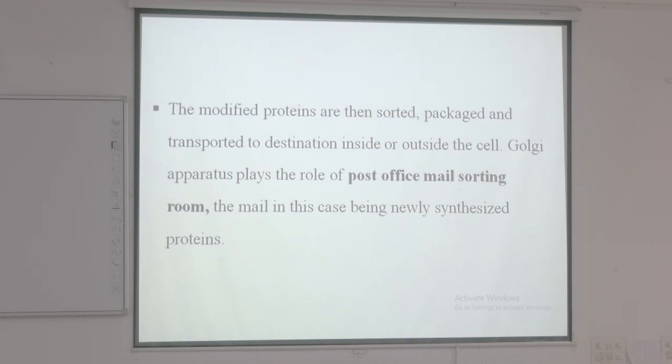Which one is right, which one is wrong for the body? All are processed by the Golgi apparatus. And we call this, in molecular biology, post-translational modification. Understand? When we discuss all these topics about central dogma, transcription and translation, we will discuss in detail.